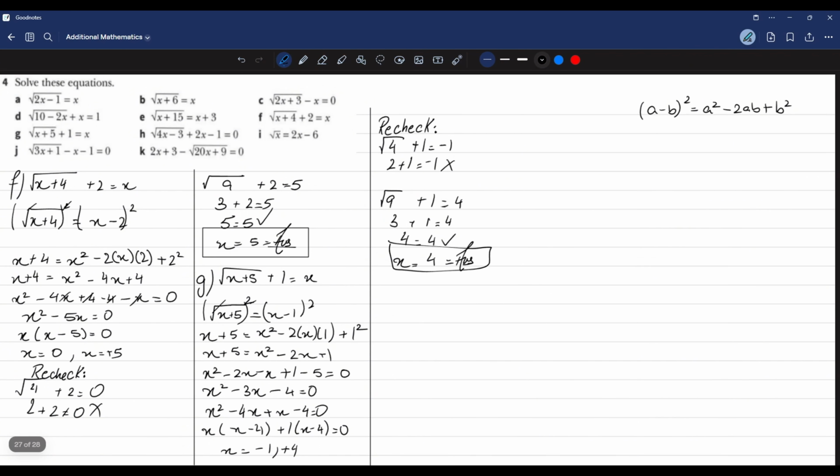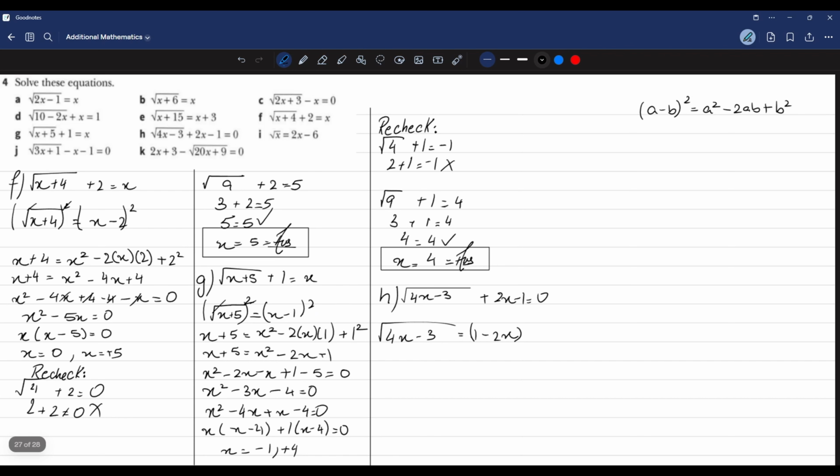Question number 4H. That is funny. So h is under root of 4x minus 3 plus 2x minus 1 is equal to 0. Okay, so simplify this real quick, and we have under root of 4x minus 3, and this is supposed to be equal to 1 minus 2x.